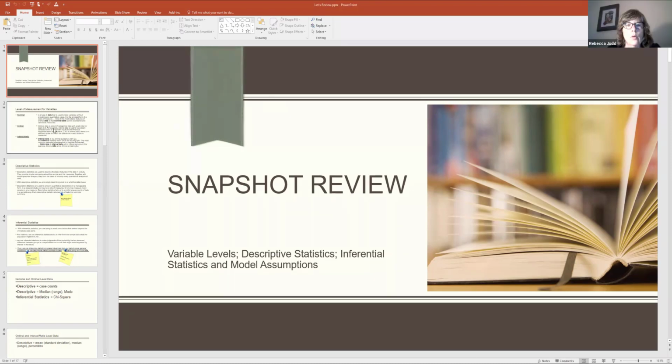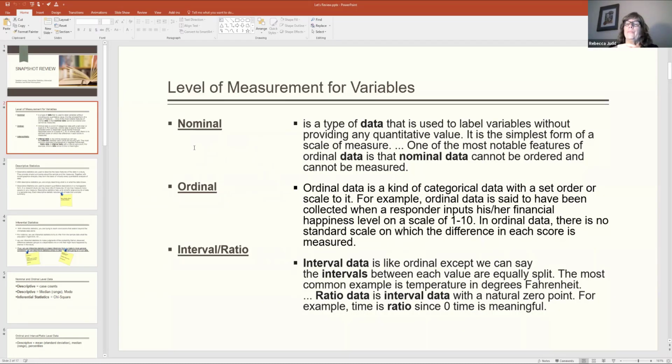So just to start with, it's important that you understand the different levels of measurement for your variables, because that tells you what statistical test you can run. The nominal level, of course, is the one that has no mathematical meaning to it. I always say it's categorical, but that's not totally the correct term to use.